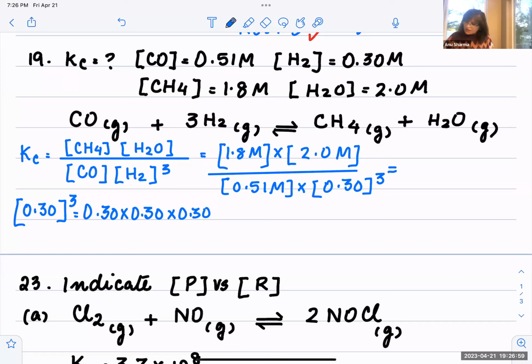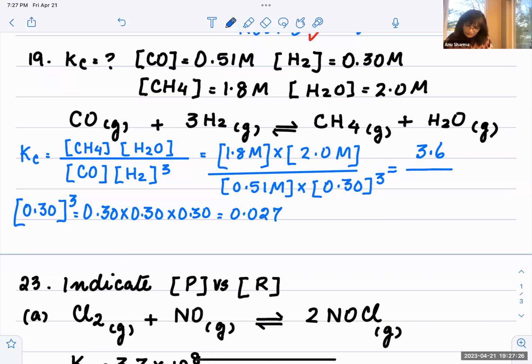All right, let's do this. 1.8 times 2 gives you 3.6, over 0.51 times 0.30 times 0.30 times 0.30, which is equal to 0.027.